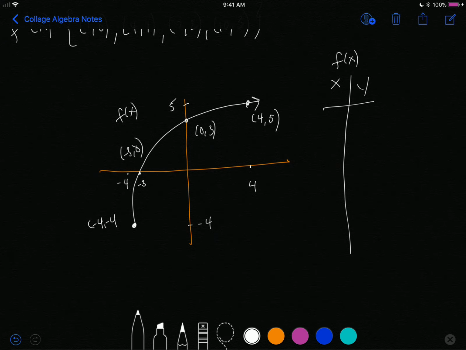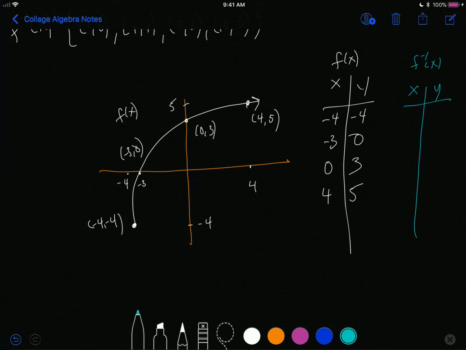My coordinates are -4, -4, -3, 0, 0, 3, and 4, 5. Well, the ordered pairs for the inverse function would be basically the same values, but just like we did before, we simply need to switch the x and y values. Comprende?